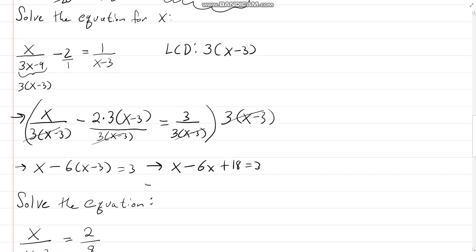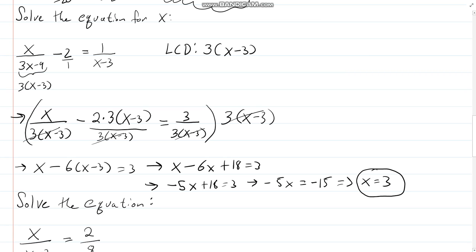And that's looking like negative 5x plus 18 equals 3, and then negative 5x equals, we subtract the 18 on both sides, so we're going to get negative 15, and that implies that x must equal positive 3. Great. So that's not too bad.